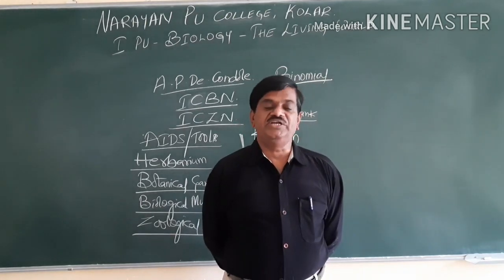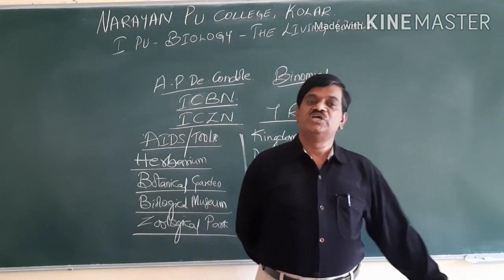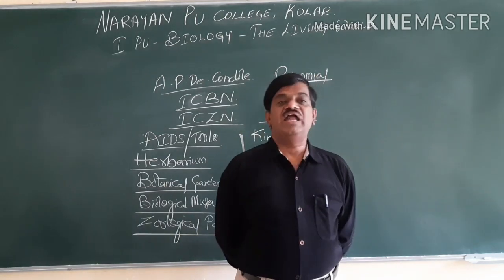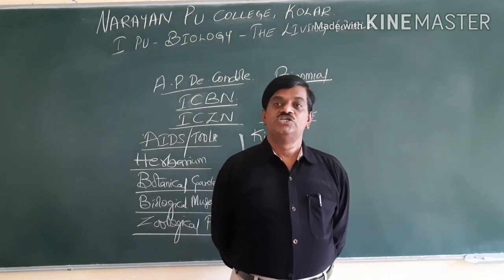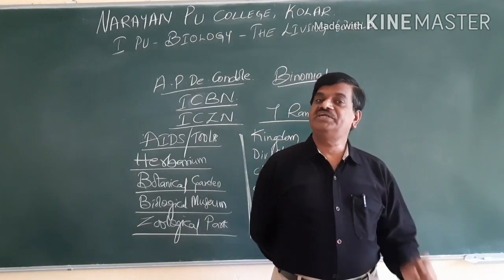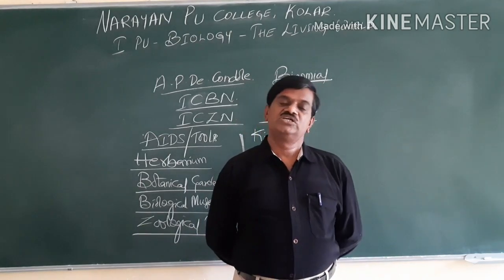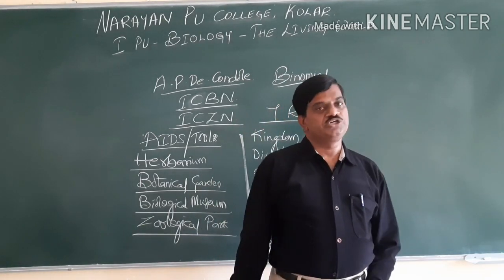As we complete biological classification, immediately we will start the NEET questions for both the living world as well as biological classification. Some of the students have not yet taken the books, so take the NEET books and be ready. Immediately we will start the first chapter and second chapter NEET questions. Good luck.